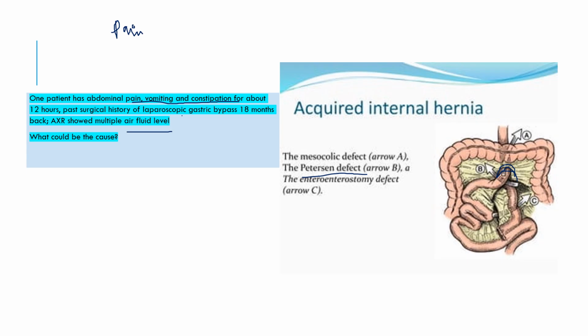All of this together is called internal hernia, mainly as a complication of any abdominal surgery. Just remember that there is internal hernia. One of them is Peterson hernia. So if you find, like in this question, there is one option which is saying Peterson hernia, it could be that. This is all signs of obstructed hernia: pain, vomiting, constipation, and abdominal distension.